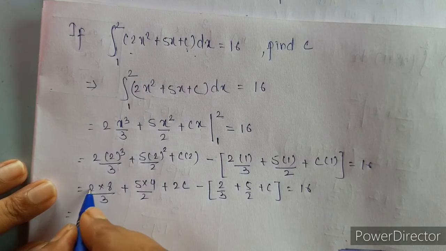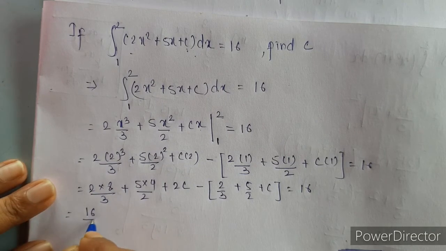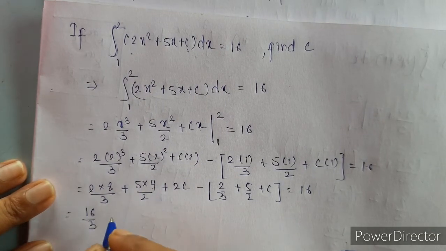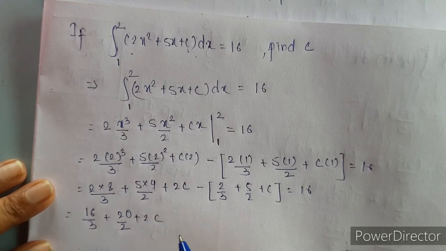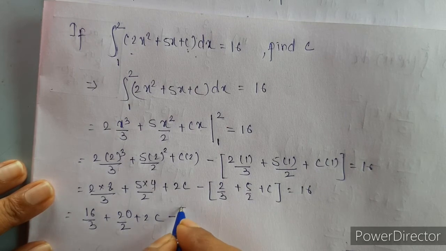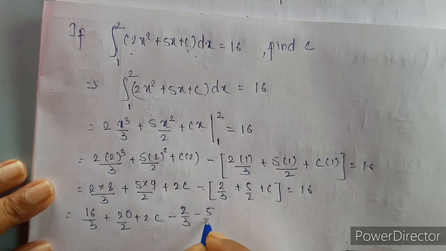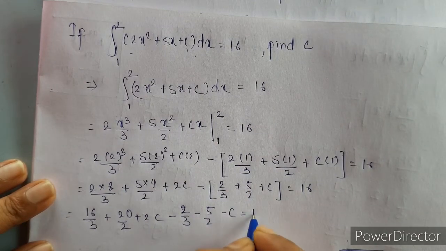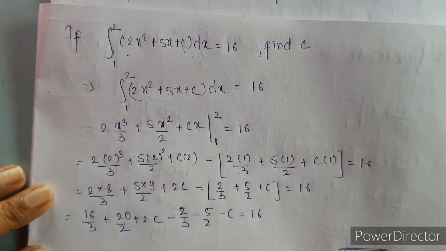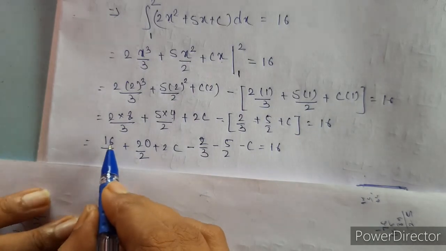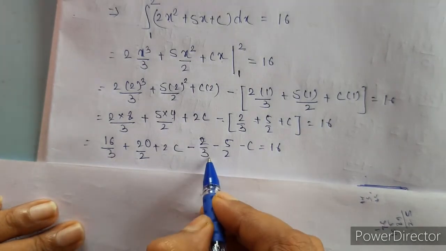Let's simplify this. 2 into 8, 16 by 3, this is 20 by 2 plus 2 times c minus 2 by 3 minus 5 by 2 minus c, which is equal to 16. We can subtract 2 by 3 from 16 by 3.